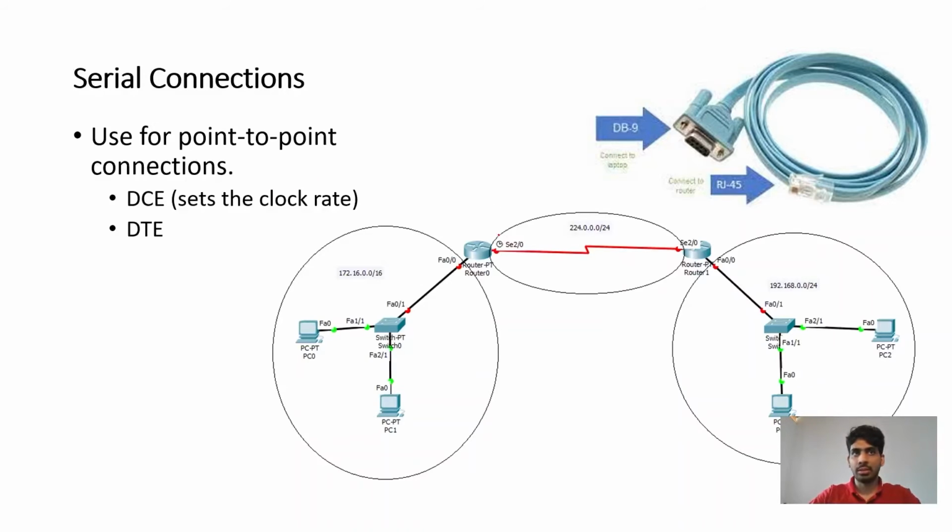In a serial connection, there are two ends: this is one end and this is the second end. Here you can see a small clock, which means this is the DCE, and if that's the DCE, the other end is definitely the DTE.